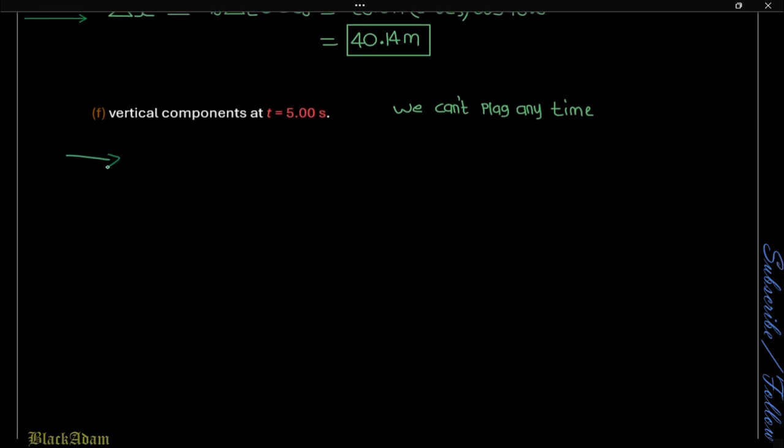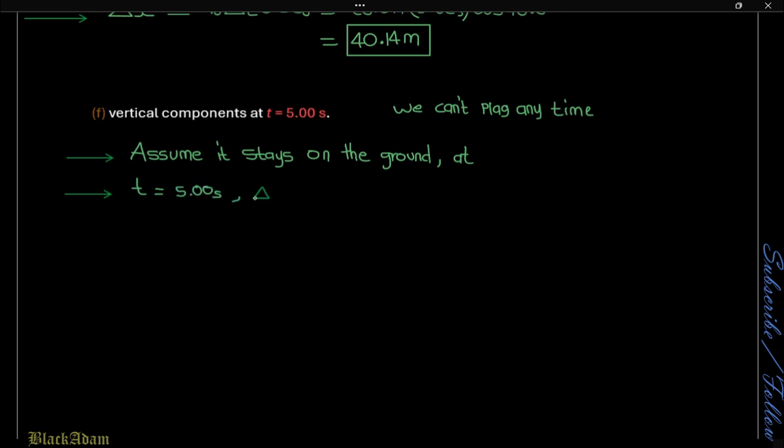Now looking at the y velocity, we assume that after 2.62 seconds the object stays on the ground. At t equals 5.0 seconds, the change in y is 0, so it didn't move anywhere.